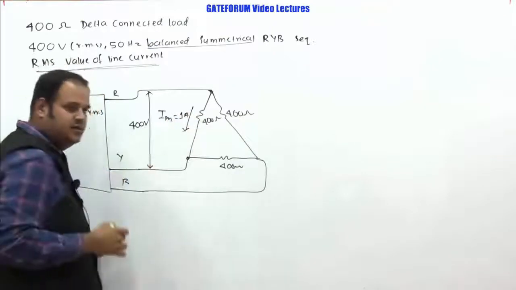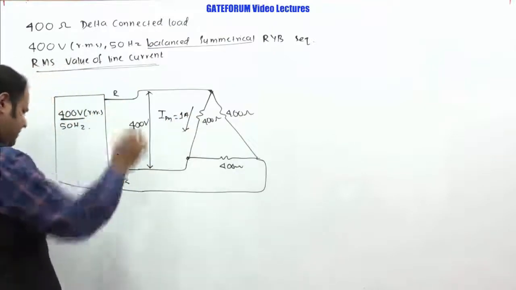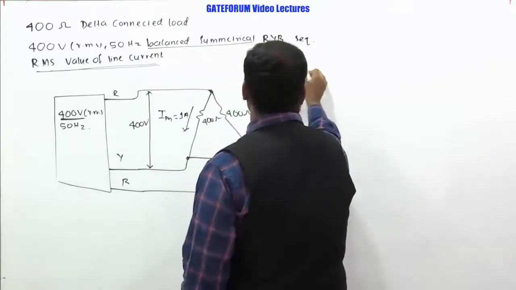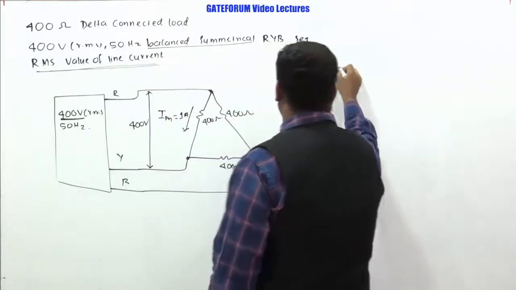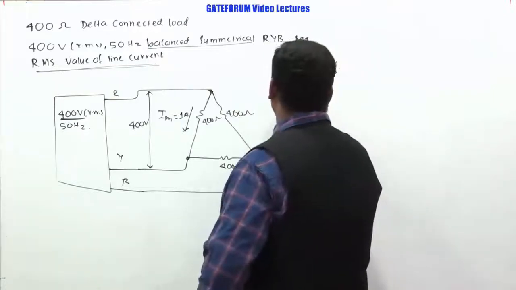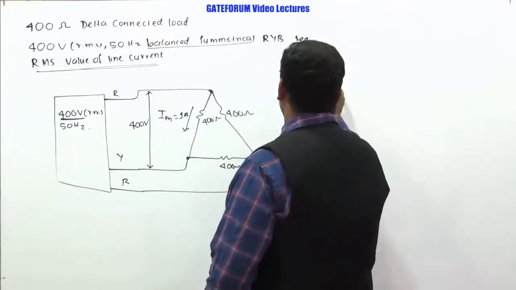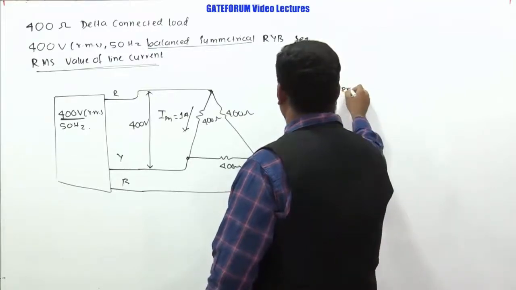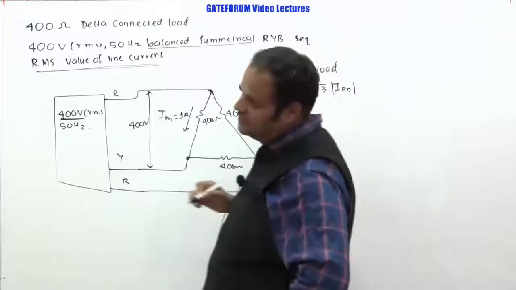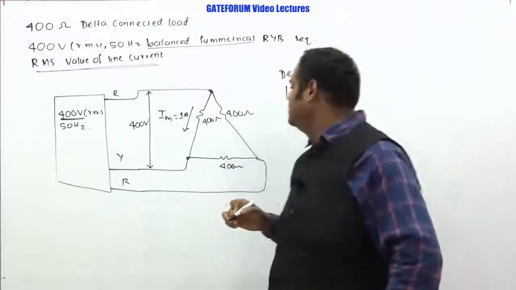In the delta network, or in the delta load, there is a standard relation, and the proof is not what we are interested in here. What happens is the line current is root 3 times the phase current. The magnitude of line current is root 3 times the magnitude of phase current.